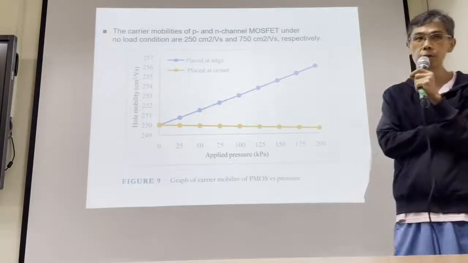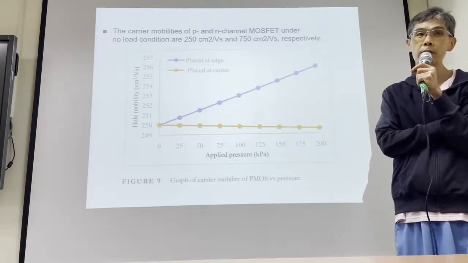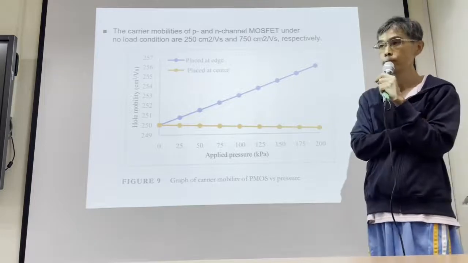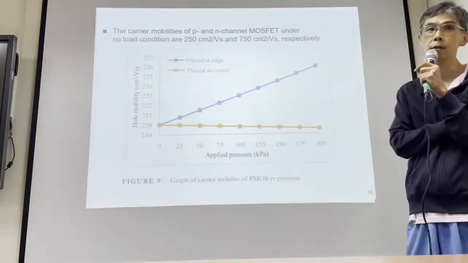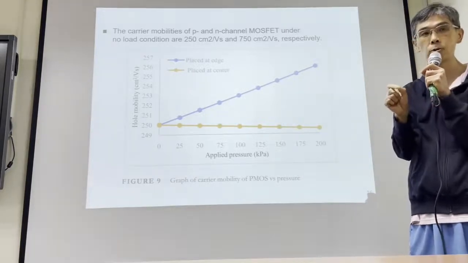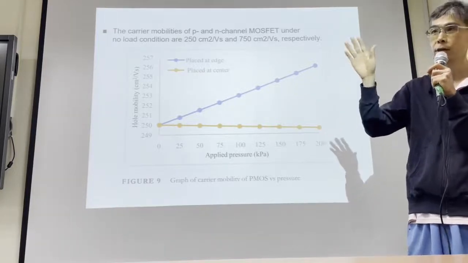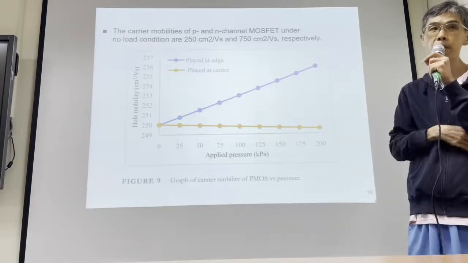LTspice is free software you can download from the Analog Devices website. But you may need to know how to model the transistor, so you may take some time to learn how to do that. They have a tutorial on how to create a transistor in LTspice.